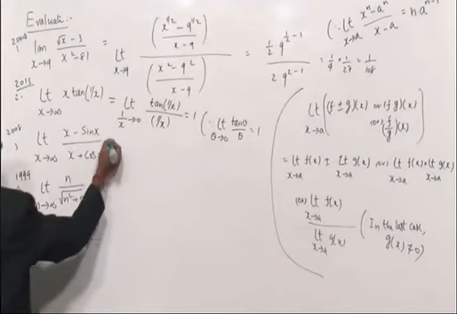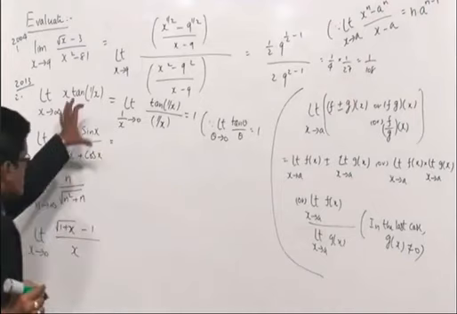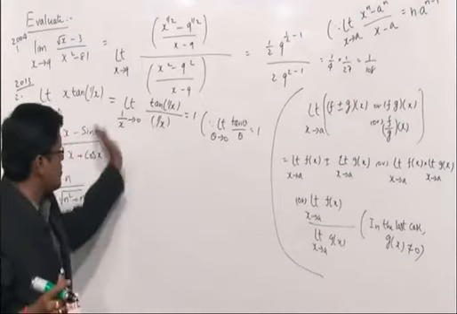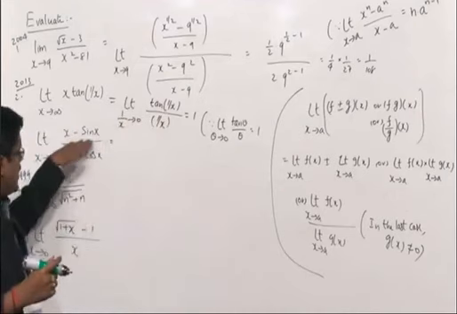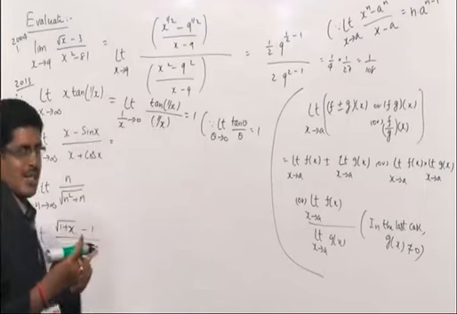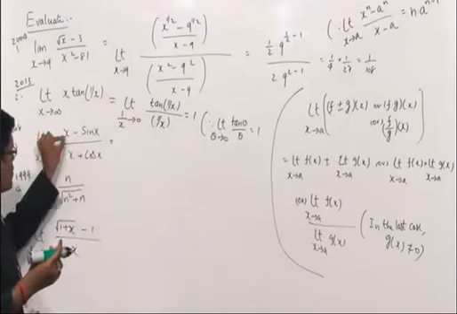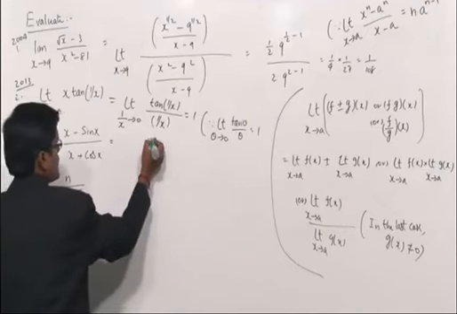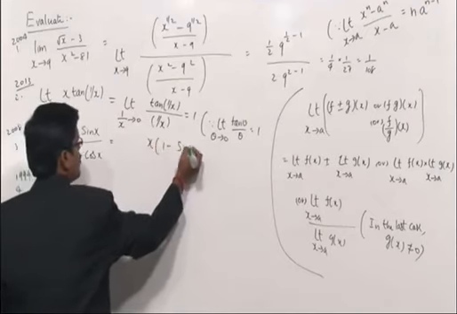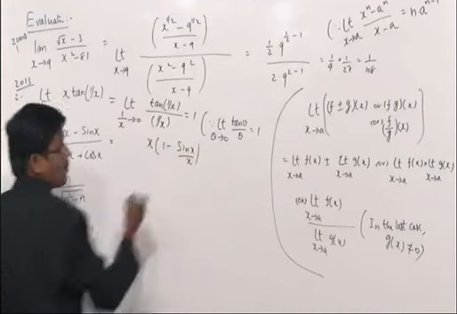Now come to the third problem. Just now I told you, sometimes convert into reciprocal terms. That means bringing into the denominator the pre-multiplication terms, which becomes reciprocal. And in some problems, take out the highest x terms. Here sin x and x. The polynomial term is x only. So take the common factor outside: x into 1 minus. Why are we doing this? Because we are comparing the problems with standard limits.